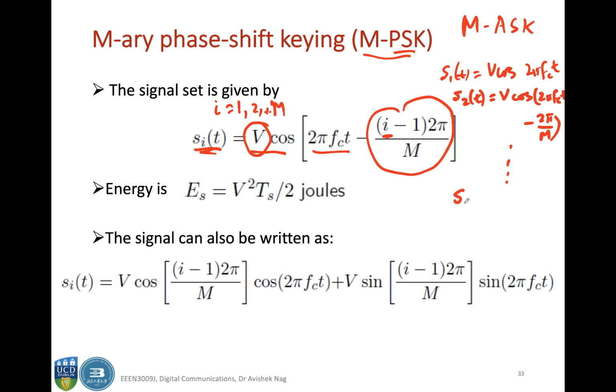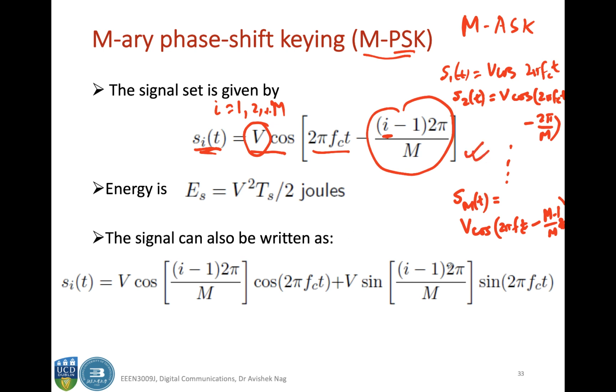Finally your SM will be V cos(2 pi fc t minus (M minus 1) over M times 2 pi). So this is your general structure of the M-ary phase shift keying signal.